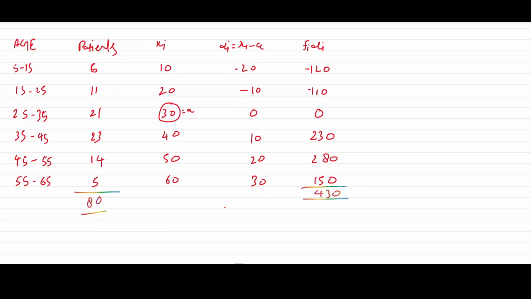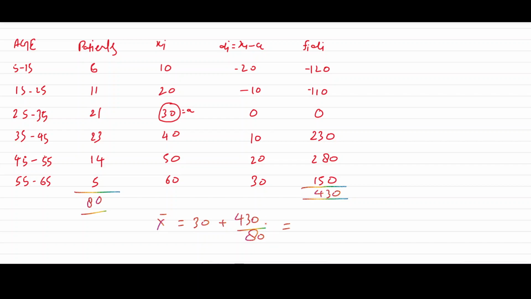So x bar will be, here we have taken an assumed mean a and we have subtracted it, so we will have to add it back in the formula. So first we add 30, then 430 by 80.